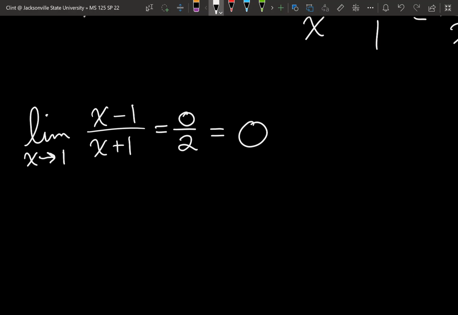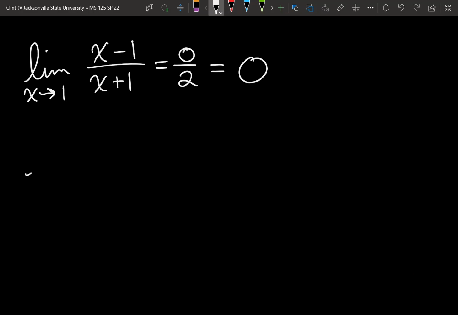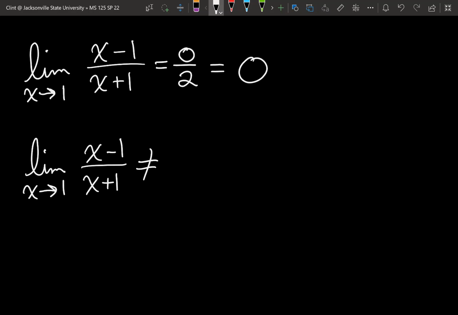That's not indeterminate. If we tried to use L'Hopital's rule, like maybe we were halfway checking and we said, oh yeah, if I plug 1 in the top, I get 0, and then we didn't check the bottom. And if we tried to use L'Hopital's rule, I'm going to put not equal to because we know it's not right.